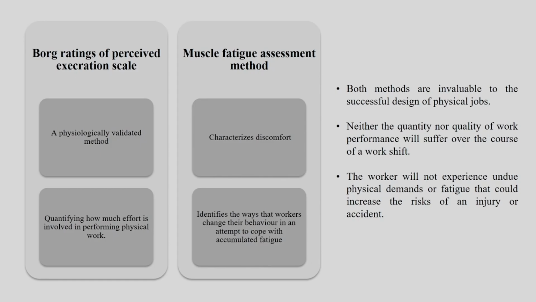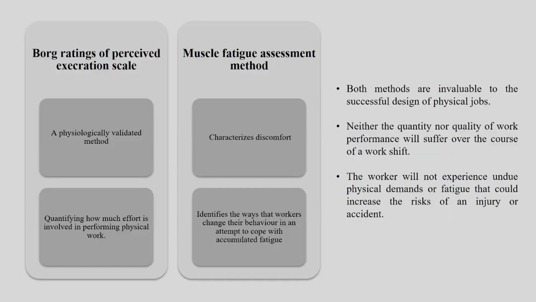I'll discuss it: it has the RPE scale, the rating of perceived exertion, which is very much linear and is connected to your heart rate, whereas the CR10 scale is not directly connected to the heart rate, however it has an elaborate understanding of how it is used and how it can tell you about the rate of exertion. It quantifies how much effort is involved in performing a particular physical task or physical job.